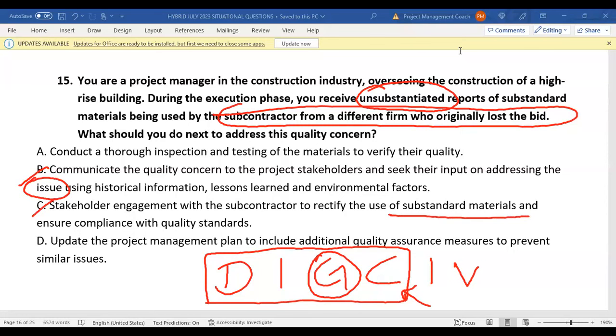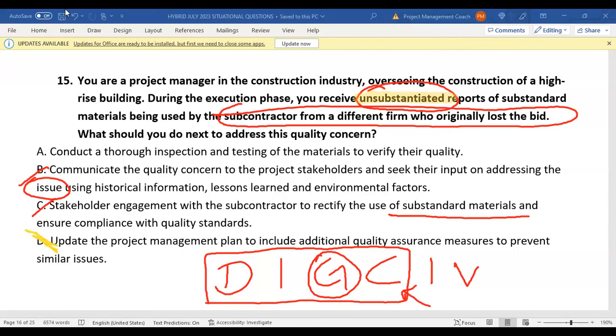Keep an eye on keywords in questions. These reports don't have any substance, okay? D, update the project management plan to include additional quality assurance measures to prevent similar issues. So again, it wouldn't be D.